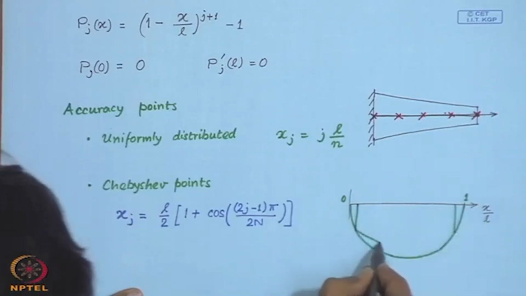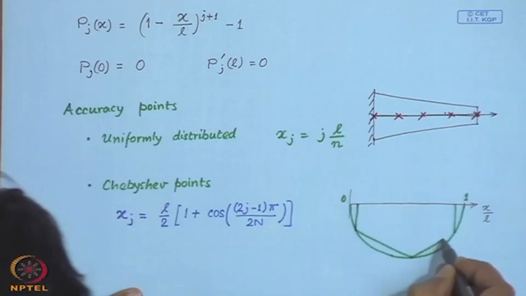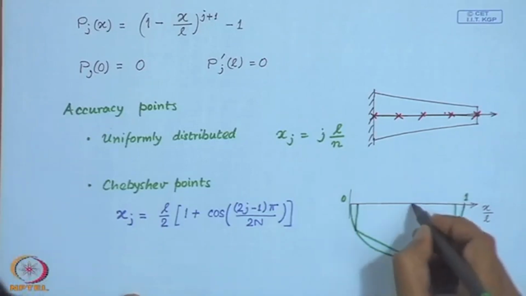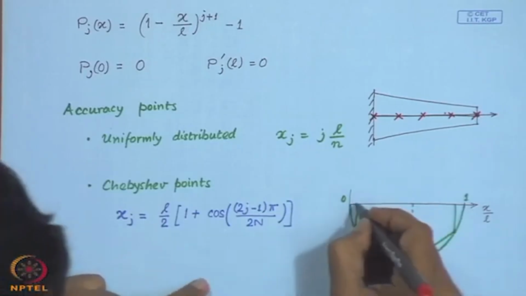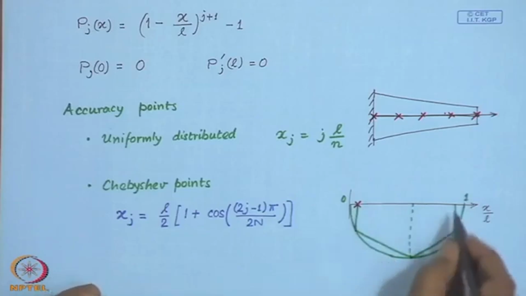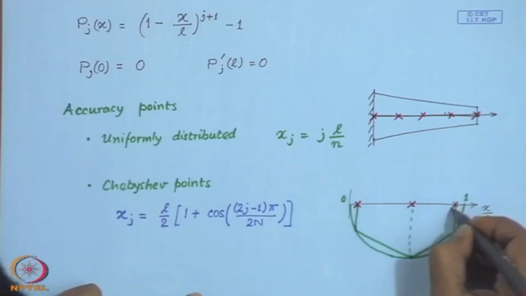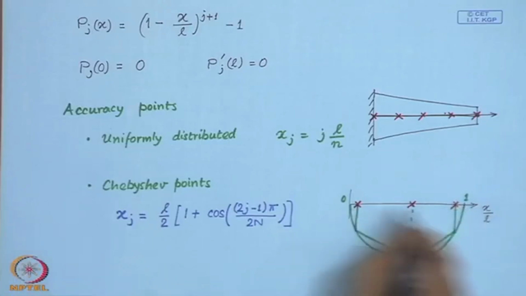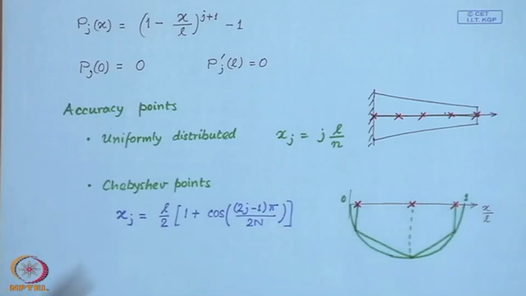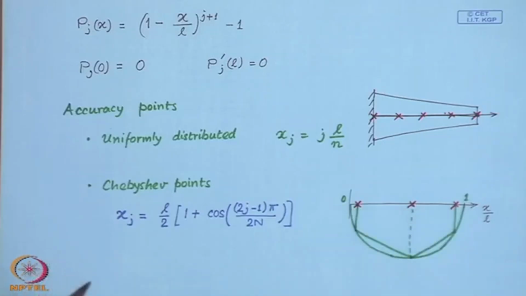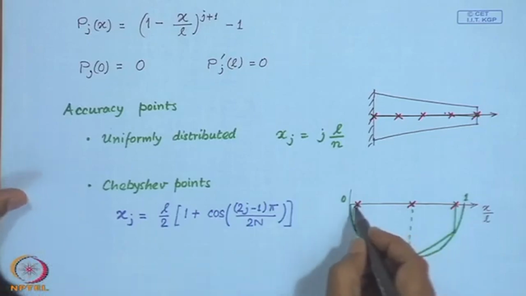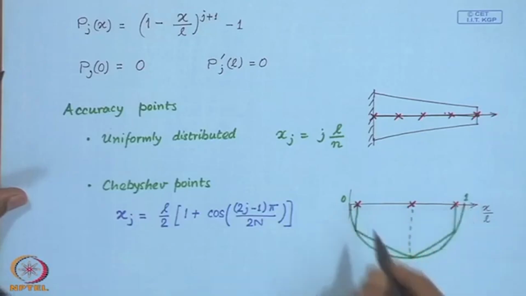For example, if you want to take 3 accuracy points, you have to inscribe half a hexagon, and the projection of these corner points on the domain will give you the accuracy points. These are the Chebyshev accuracy points. As you can see, these Chebyshev accuracy points will never fall on the ends of the bar.